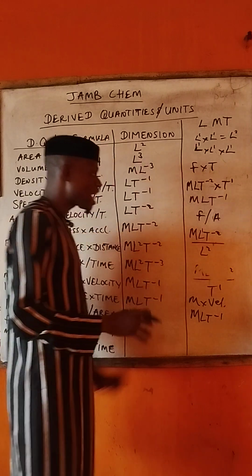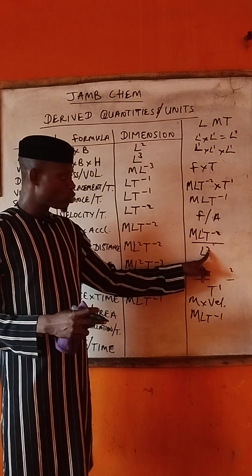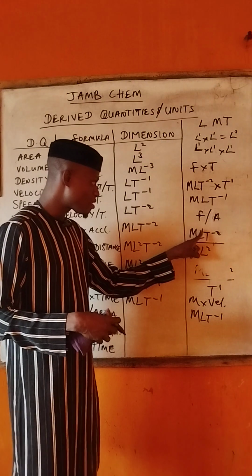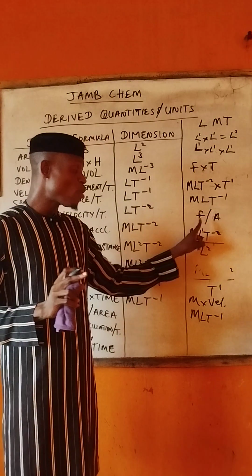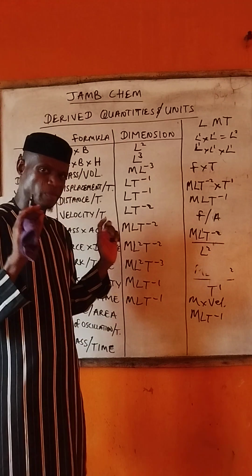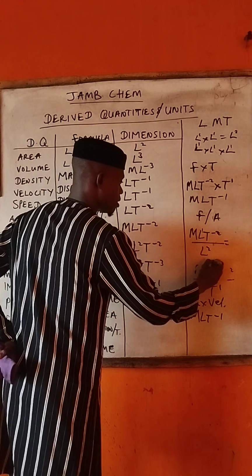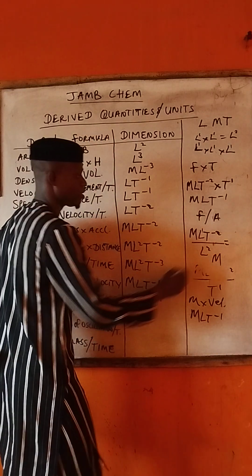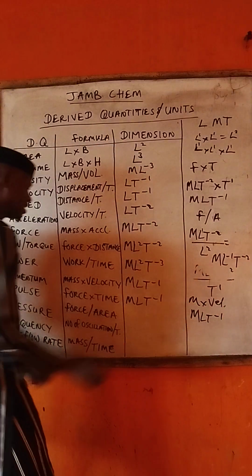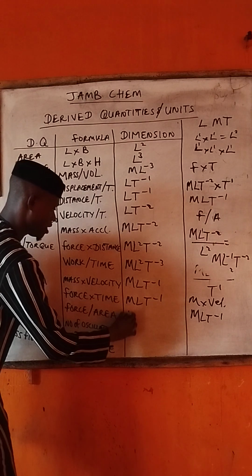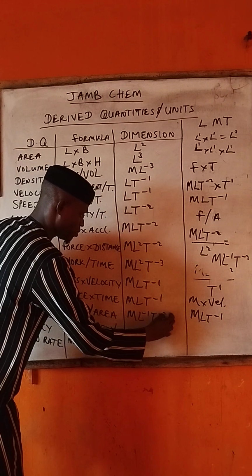Remember, we have one L on top and 2 downstairs, so it means 1 minus 2, which is minus 1. So we have M L raised to minus 1, T raised to minus 2. That is the dimension for pressure.